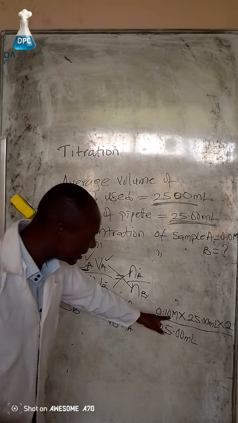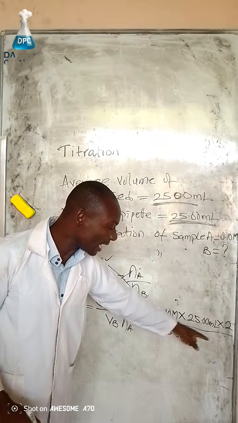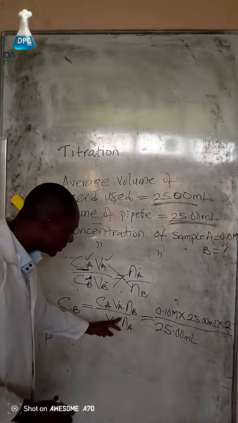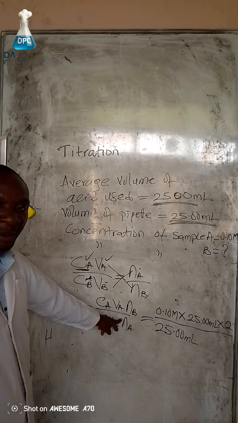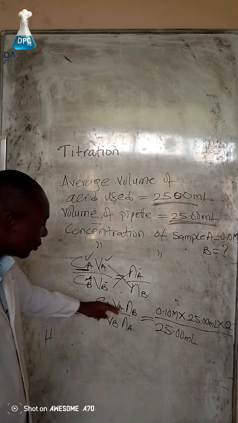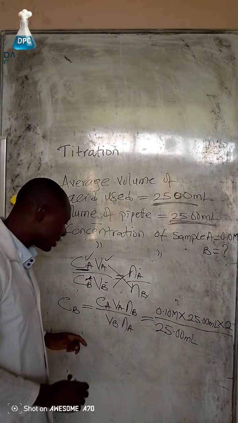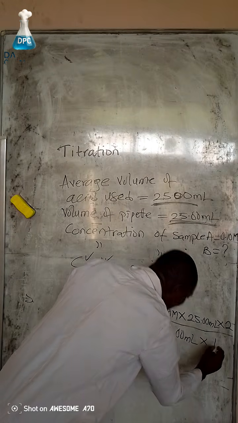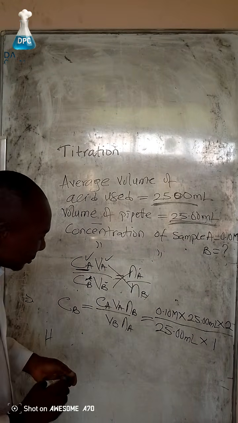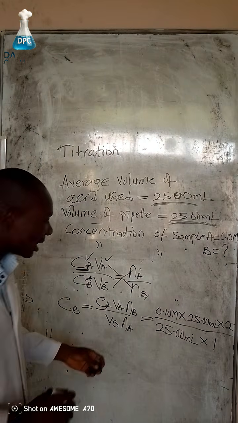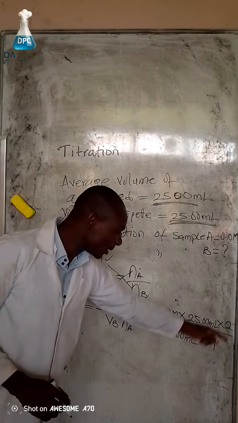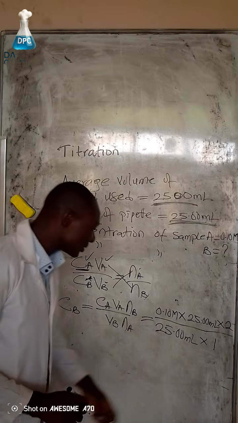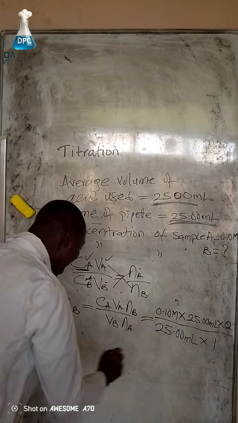Please, you see me indicating the units alongside. Then NA is the mole ratio of the acid, which in that case is 1. So times 1.